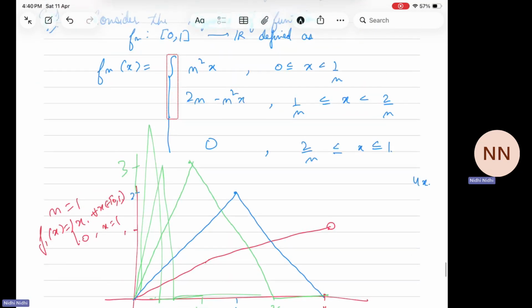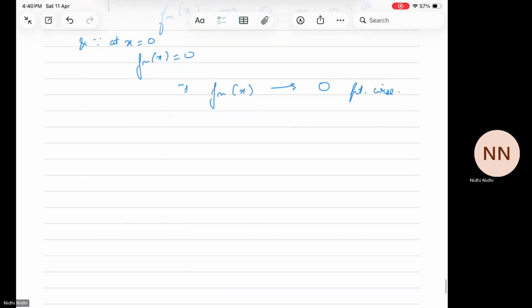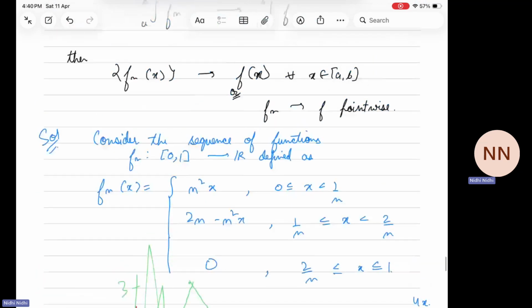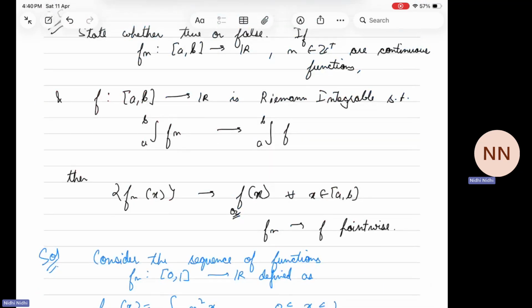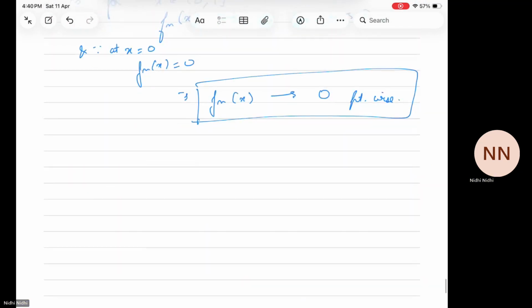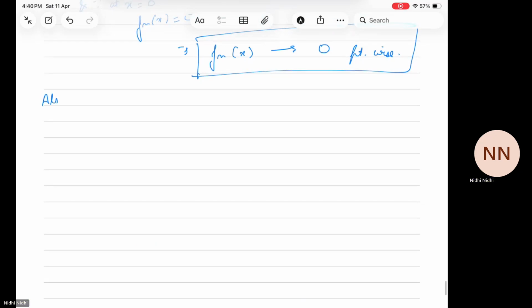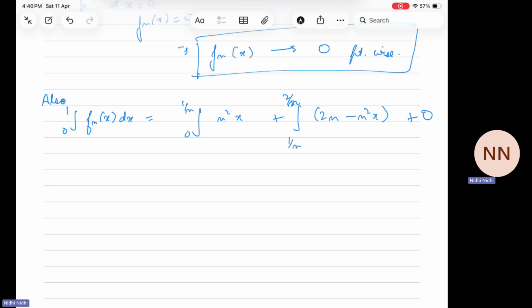So now let's look at its integral. The pointwise limit is 0. But what they were saying is that this converges to some integral of some f. So the integral from 0 to 1 of fn(x) dx will be the integral from 0 to 1 by n of n square x, plus 1 by n to 2 by n of 2n minus n square x, plus 0.